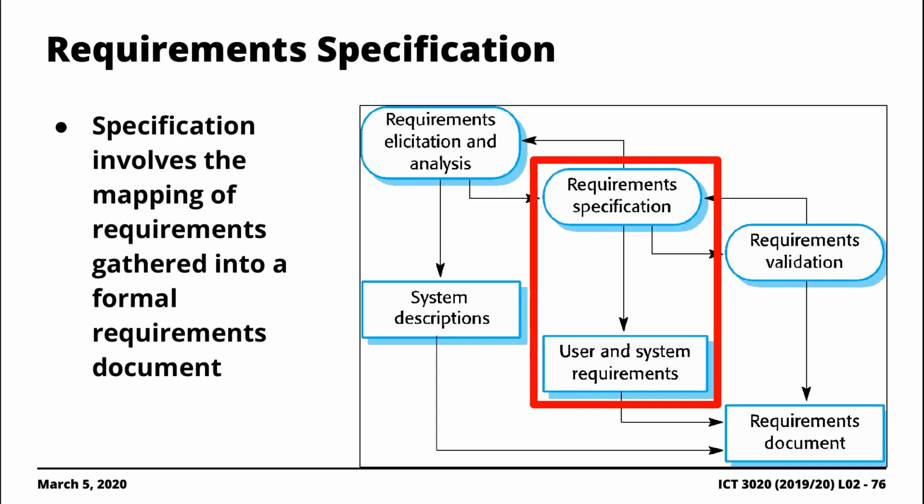This is where you come up with a formal document that includes all the different types of software requirements. Typically, these would be separated into either user requirements or system requirements. Sections of the document might also highlight functional requirements and non-functional requirements, right? But we have a dedicated lecture series where we discuss all those different things.